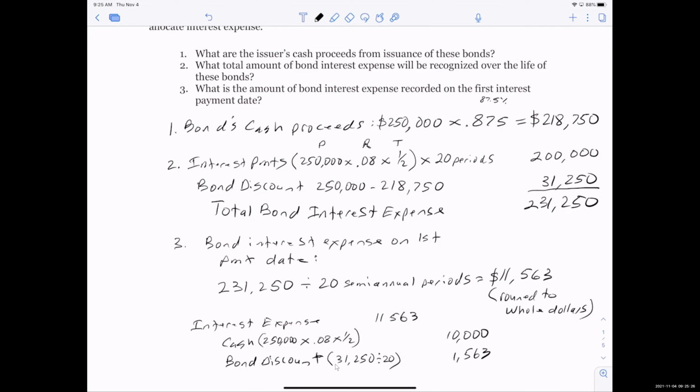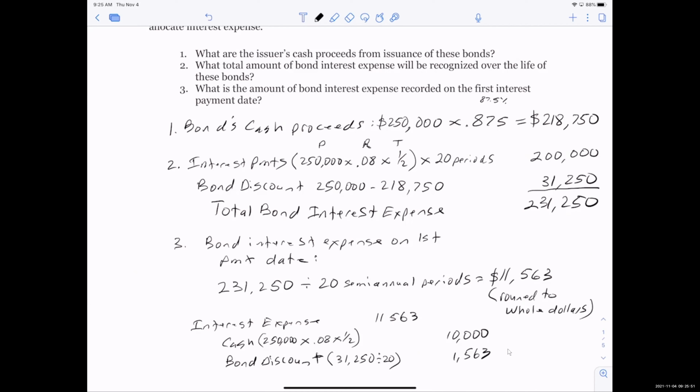I'm going to allocate that entire bond discount 1/20th every period. At the end, it will all be allocated. You're going to see later that your book does it a different way. And when I was first teaching out of this book, I looked at it and thought, what? That's weird. So I think you're going to really like me doing this problem.